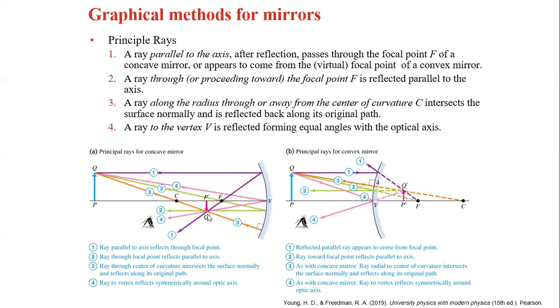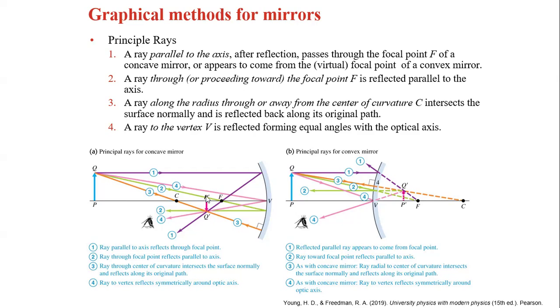The intersection of those rays at point Q prime and P prime gives the location of the image.